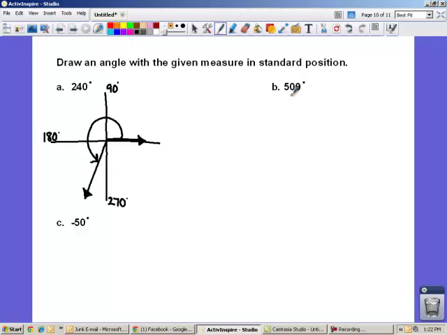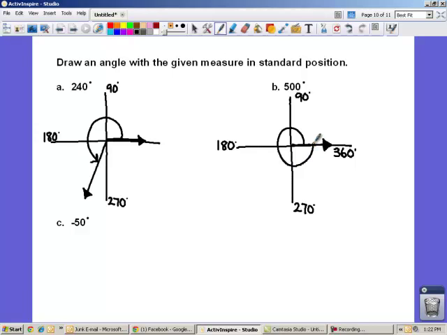Let's suppose we have 500 degrees. So we're going to start at 0. And remember, this is 180, 90, 270, 360. So if we start at 0, we're going to go all the way around at least once. So we have 360.